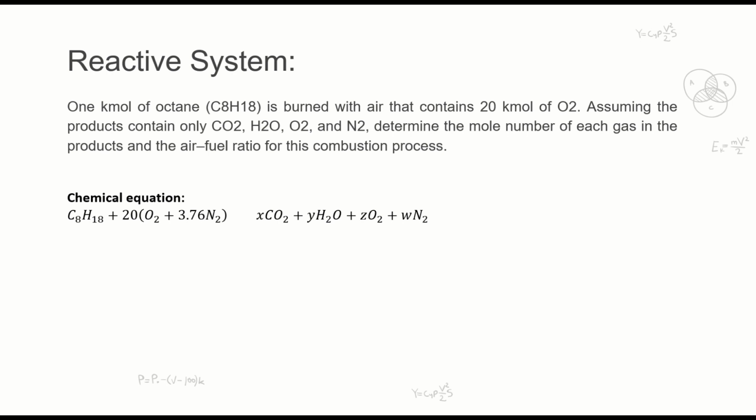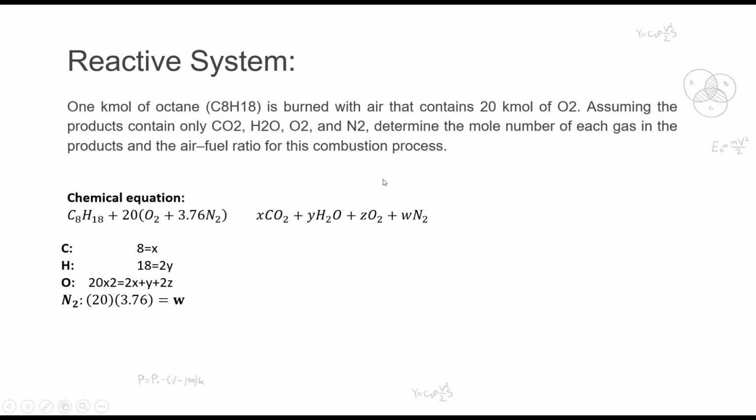For C8H18, known as octane, plus 20 kmol of oxygen, so 20 O2 plus 3.76 N2 nitrogen, goes to X CO2 for carbon dioxide plus Y H2O for water plus Z O2 for oxygen plus W N2 for nitrogen.